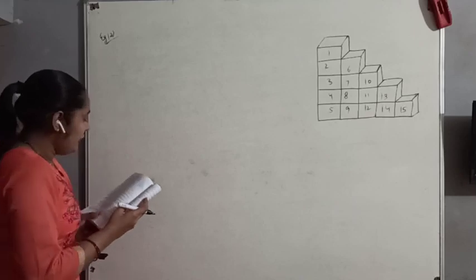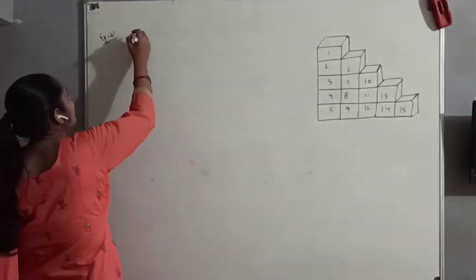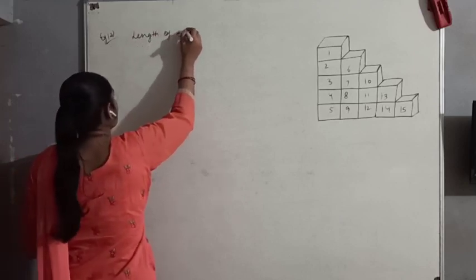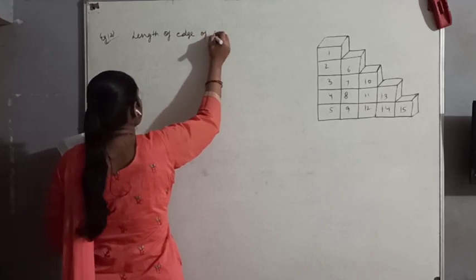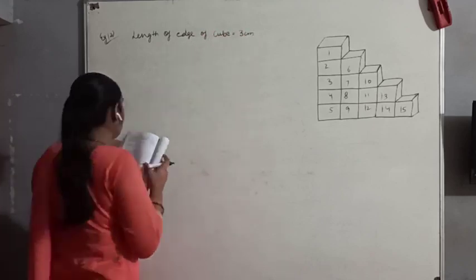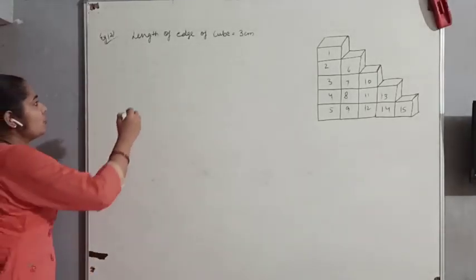And if each edge of cube is of length 3 centimeter, we have to find the volume of structure. So firstly we calculate volume of one cube.